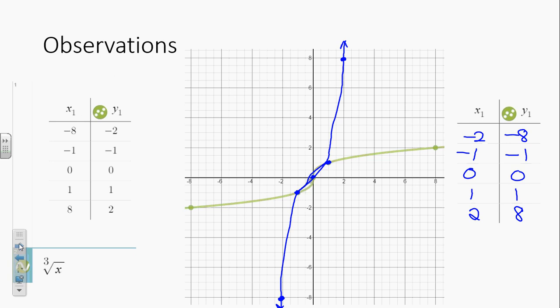This was cube root, so that's going to be cubed. And what is the relationship between the cube root of x and x cubed? Opposites. They're inverses.